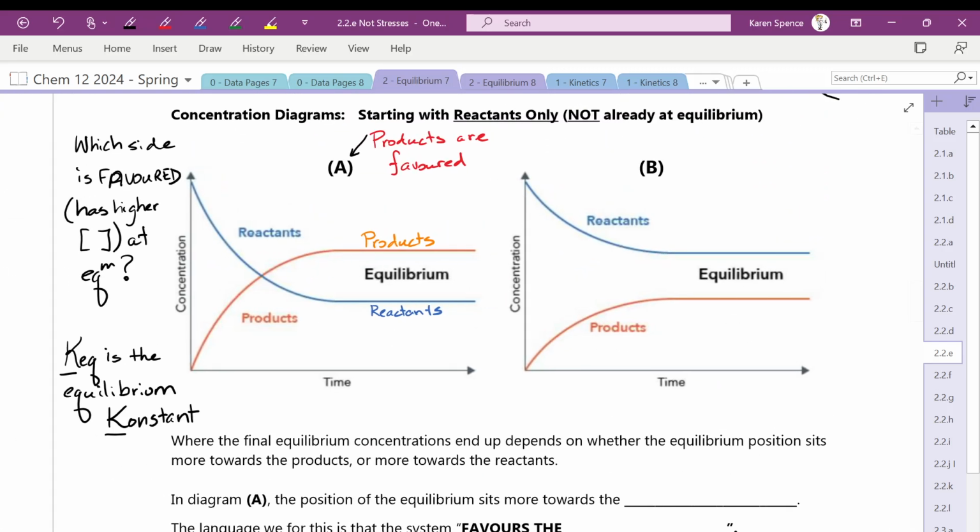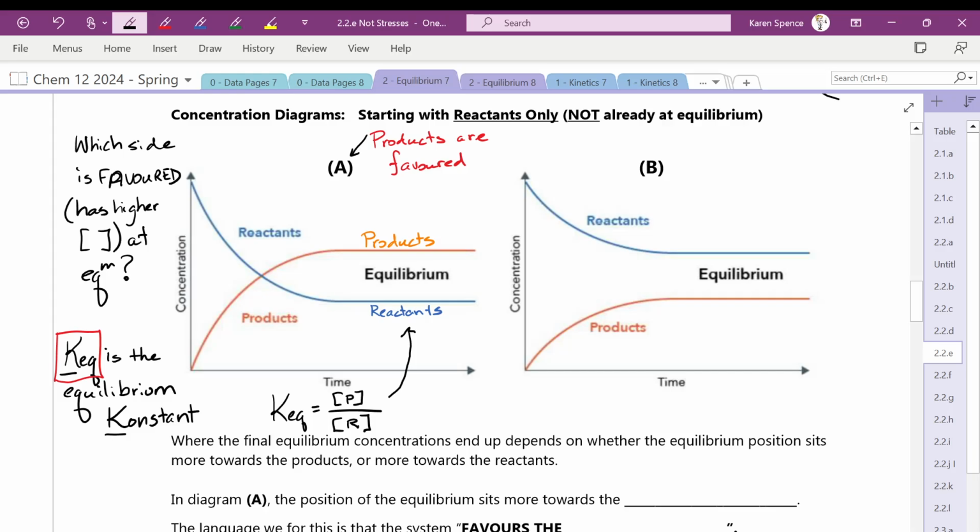So let's just bop down here again. Okay? So we have our KEQ, which is the equilibrium constant. And remember, KEQ is equal to the concentration of products over the concentration of reactants. So P over R. And in this case here, what can you say about the amount of product compared to the amount of reactant? There's more.